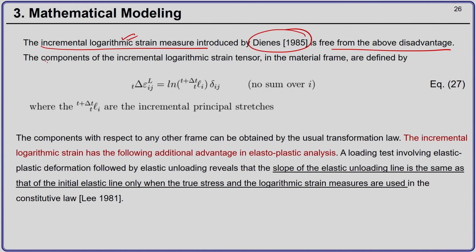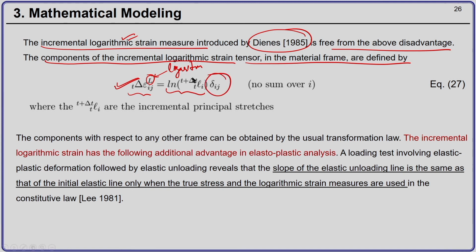Okay. So, the components of the incremental logarithmic strain tensor in the material frame is defined by the following equation. So, incremental logarithmic strain, there is a capital L here that shows it is an incremental logarithmic strain, L for logarithmic. Okay. So, this incremental logarithmic strain is nothing but the natural log of the incremental principal stretches times the Kronecker delta.